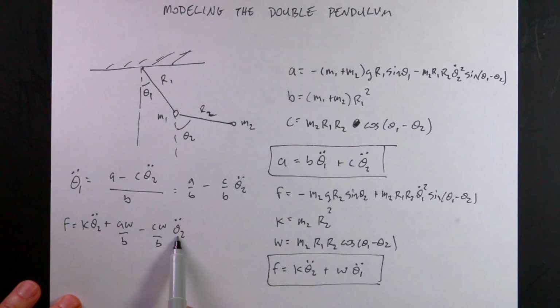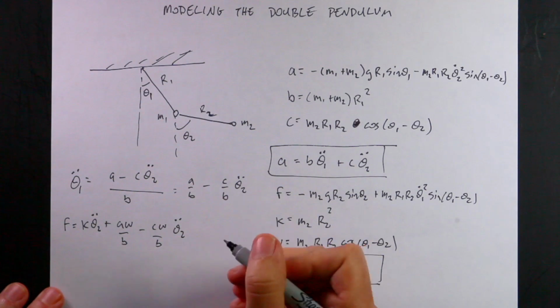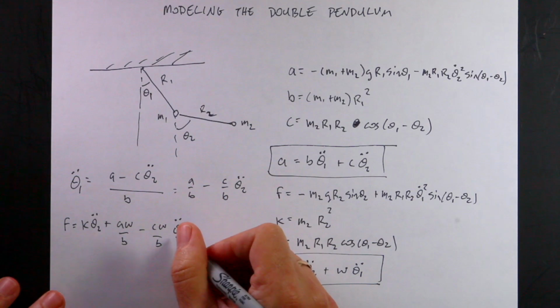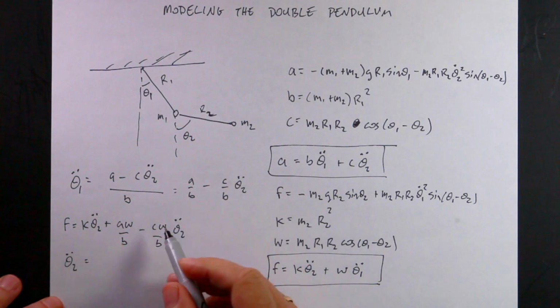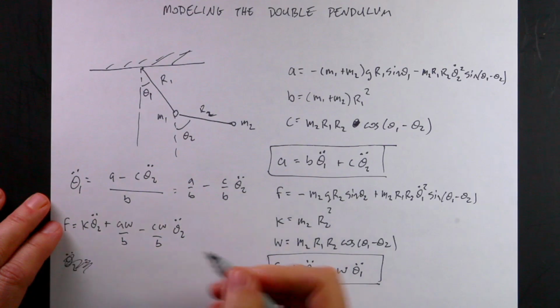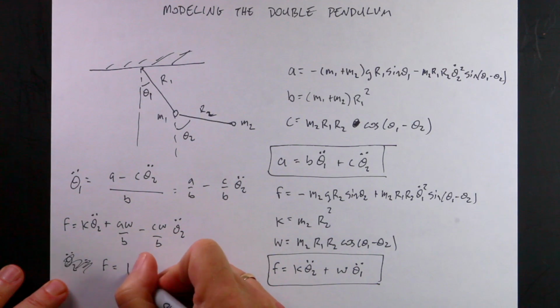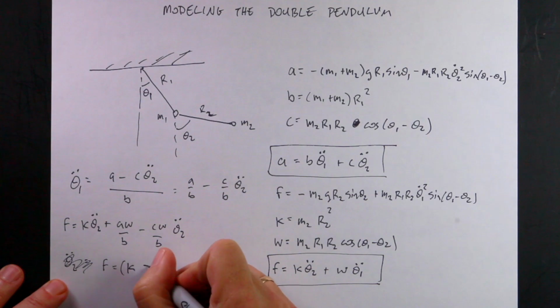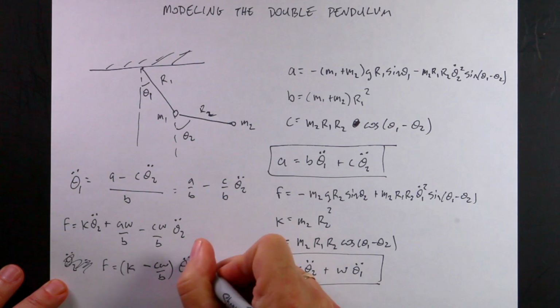Now I can factor out the theta 2 double dot. I want to do this all in one fell swoop. Let's do it. So let's get theta 2 double dot is going to be equal to, oh, I shouldn't do that. That's a bad idea. Okay, so let's say F equals K minus CW over B theta 2 double dot.